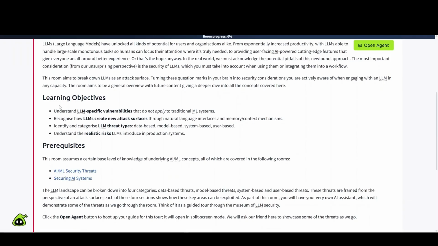Learning objectives: understand LLM-specific vulnerabilities that do not apply to traditional ML systems; recognize how LLMs create new attack surfaces through natural language interfaces and memory and context mechanisms; identify and categorize LLM threat types: data-based, model-based, system-based, or user-based; understand the realistic risk LLMs introduce in production systems.